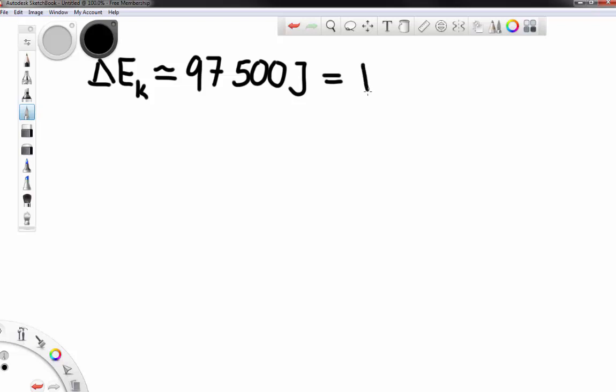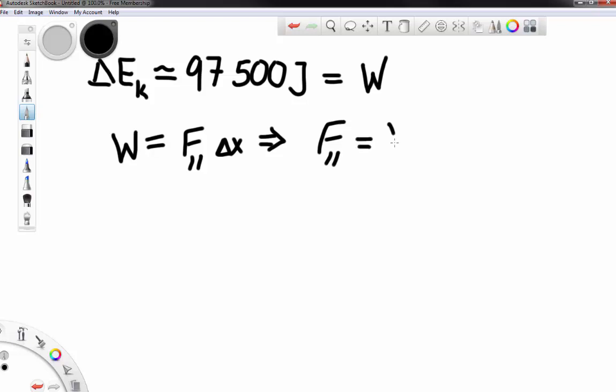So this is also equal to how much work is done. And then secondly, we have that the work is equal to the force times the distance, which means that the parallel force is also equal to the work divided by the distance.